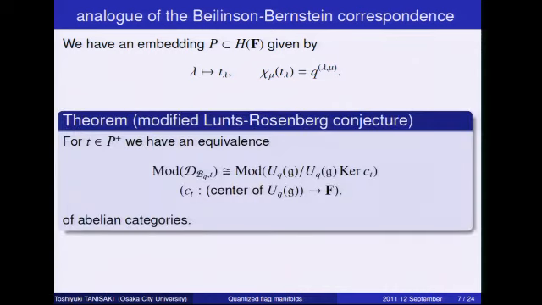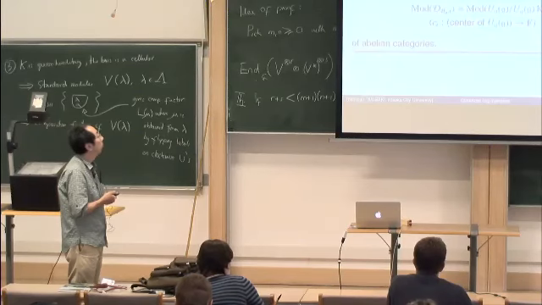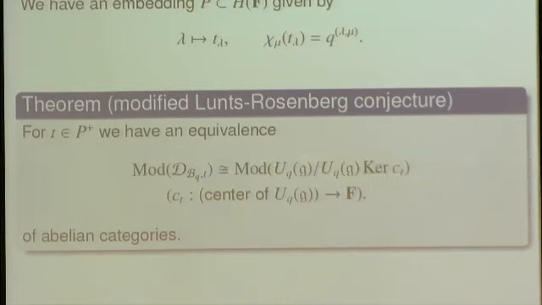And then we have the following equivalence of categories. This is a category of D modules. I assume that t is a dominant weight. And then we have an equivalence of categories between this category of D modules and the category of U_q(g) modules with some central character corresponding to t. chi_t is a central character corresponding to t.